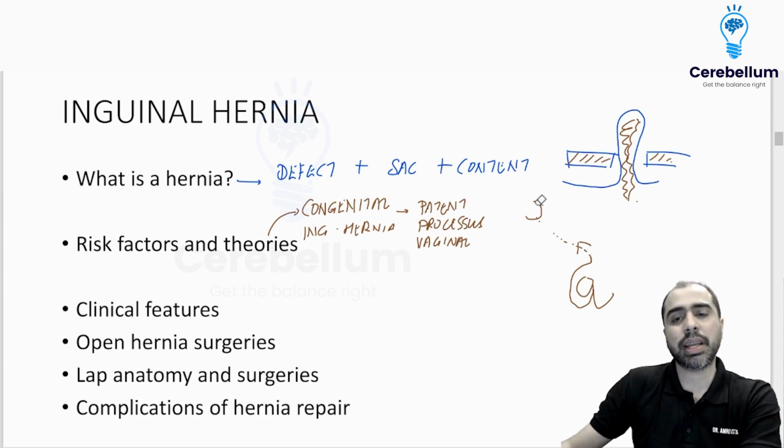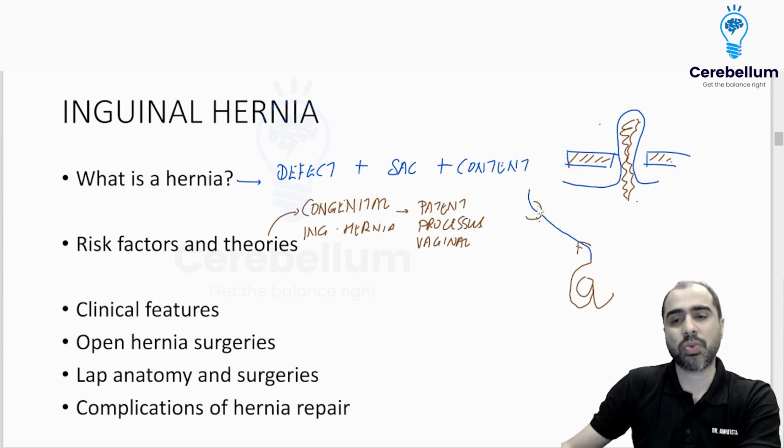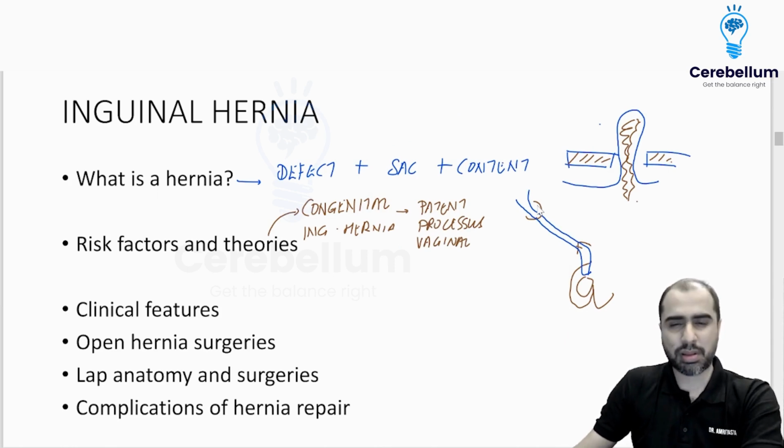As it is descending from up to down, it is carrying with itself a fold of peritoneum. This fold of peritoneum is called processus vaginalis. Before birth or typically at birth, this processus vaginalis gets obliterated.